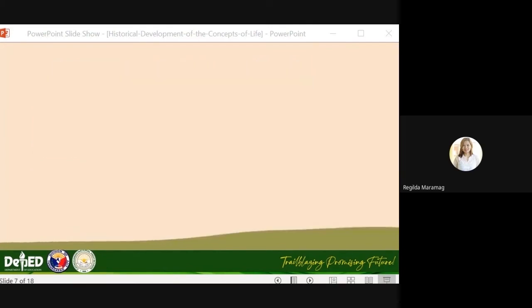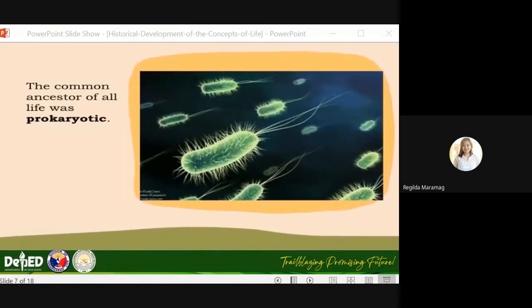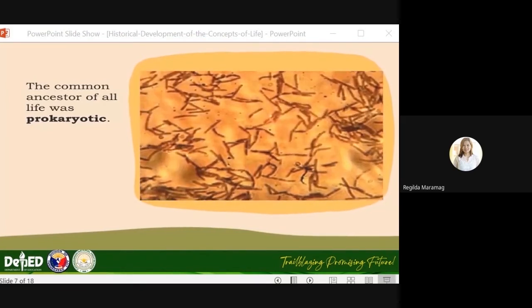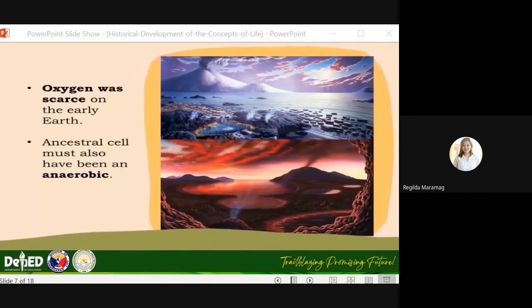The common ancestor of all life was prokaryotic. Since oxygen was scarce on the early Earth, the ancestral cell must also have been anaerobic.